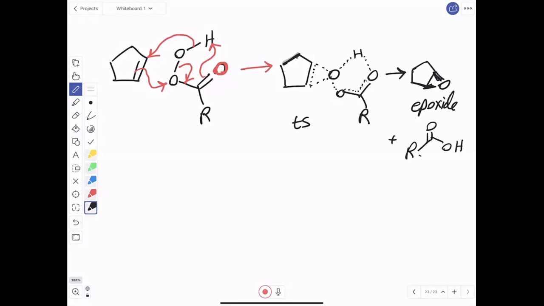Examples of peroxy acids that we can use are peroxyacetic acid and MCPBA, meta-chloroperoxybenzoic acid. And I think you will see this a lot in the suggested problems.